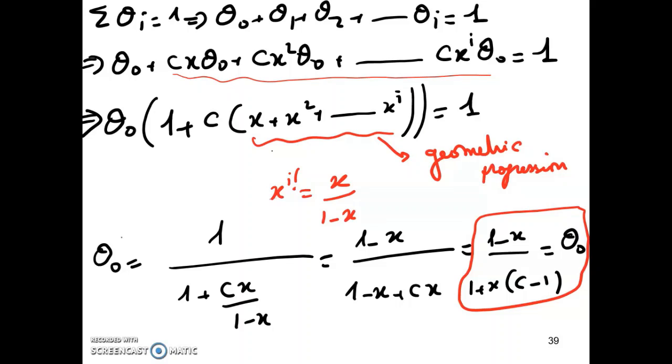So here we have now theta 0 as a function of x and C, and as x cannot be determined easily, thus theta 0 cannot be determined easily, and the others, theta 1, theta 2, which are dependent on theta 0, it will be difficult also to determine their values.